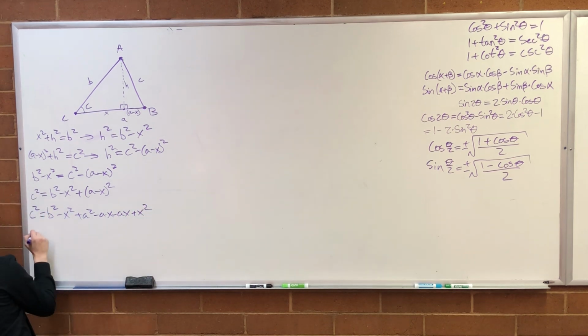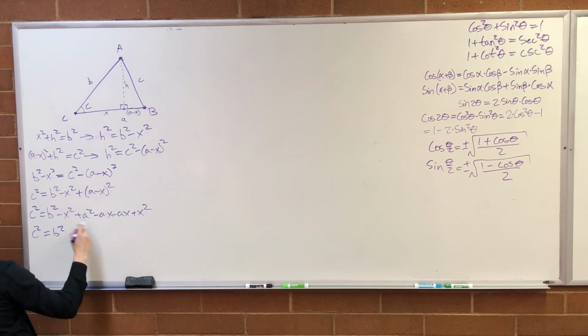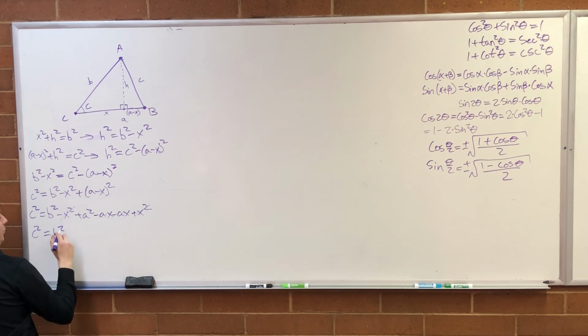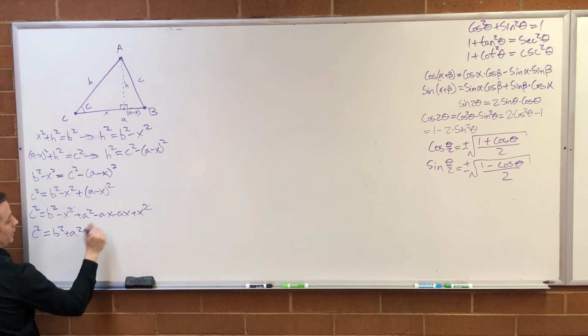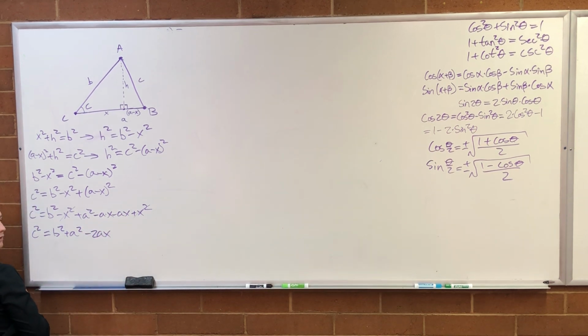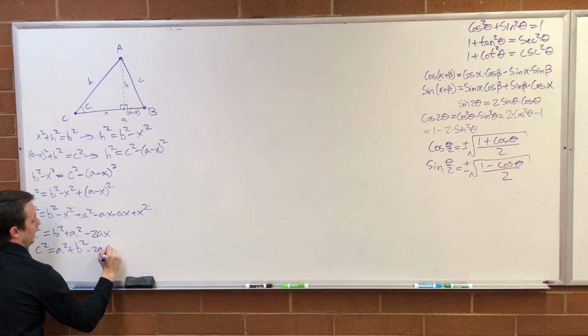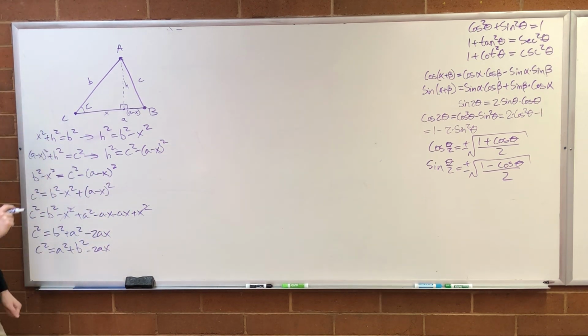Okay, so c squared is equal to b squared, notice the x squared terms go out, so we don't have that, plus a squared, minus, notice we have two of these, 2ax. You with me? Yep. So c squared is equal to a squared plus b squared minus 2ax.